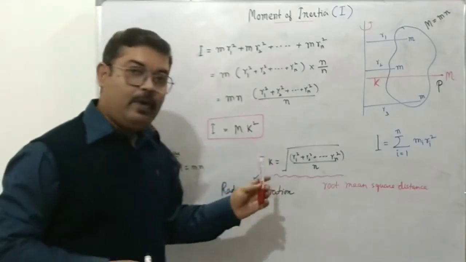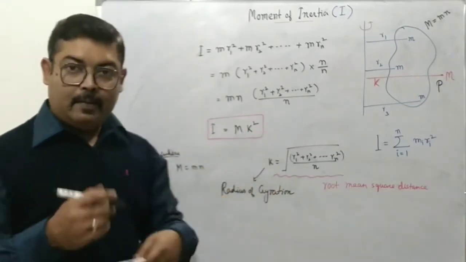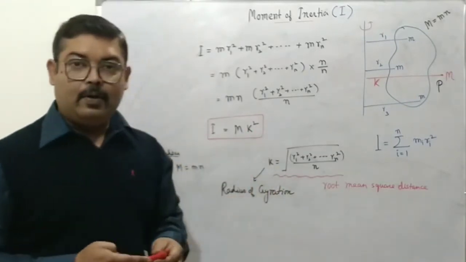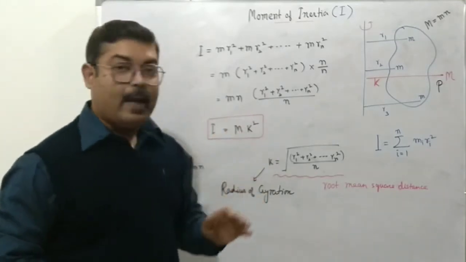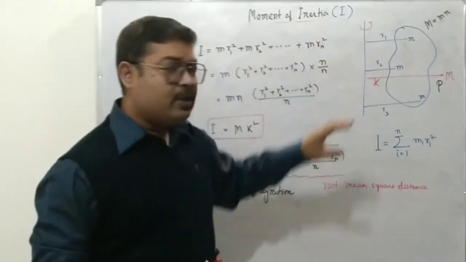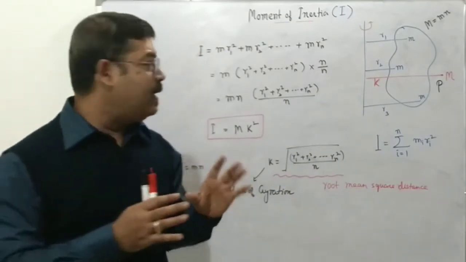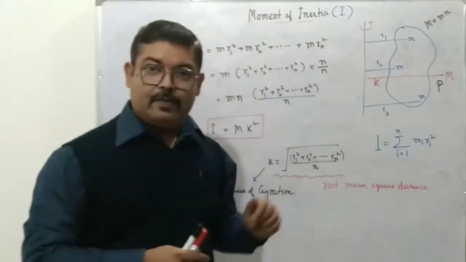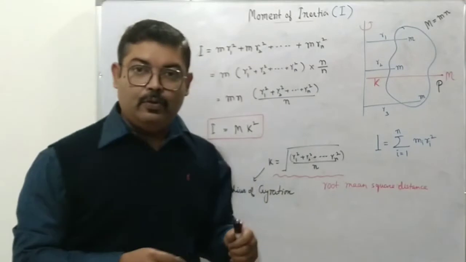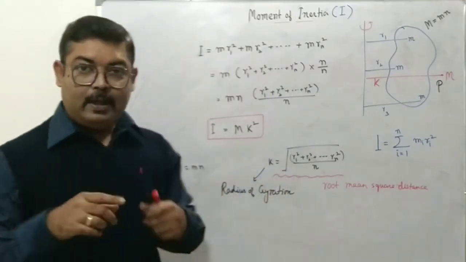This we will be finding a little while later in our discussions, when we try to find the moments of inertia of different fixed shaped bodies about certain axes of rotation. That we will do probably in the next video onwards.